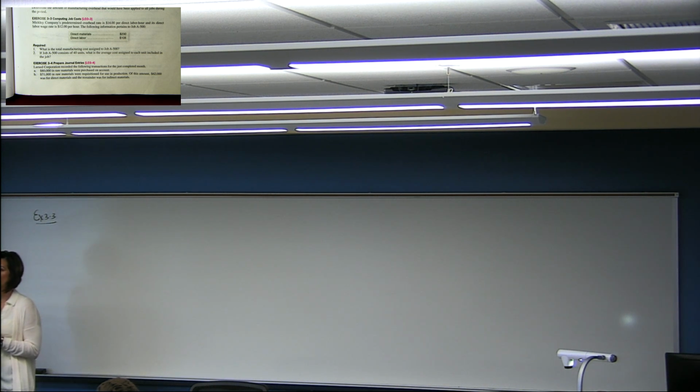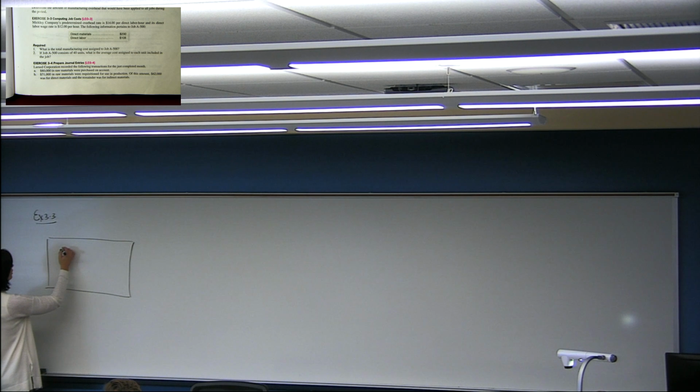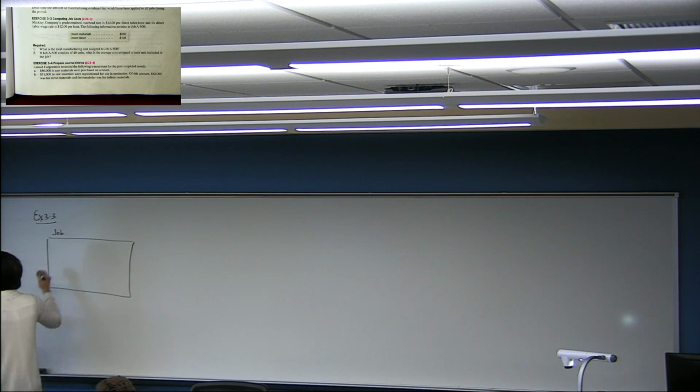You don't really need to visualize the job cost sheet in order to do this, but I do think it's kind of helpful. I'm certainly not going to attempt to draw the whole thing, but on the job cost sheet, I'll just put the job number up here. There was a date started and a date completed.